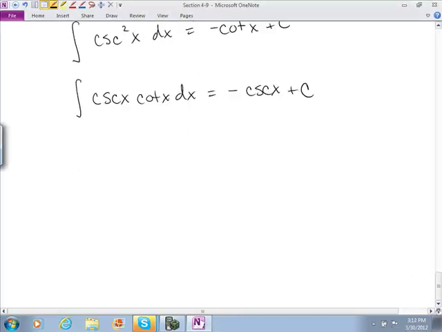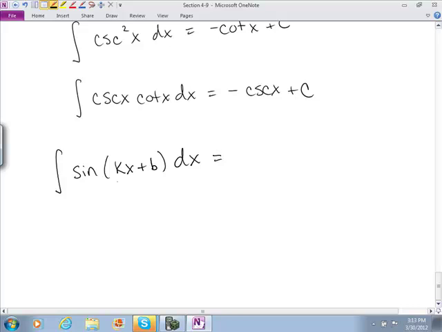Okay, now if we wanted to think about it a little bit more carefully, say we had the antiderivative of sine of a constant k times x plus b dx. What would the function that has that as its derivative look like? Well, you can probably convince yourself that you're going to have to do something with that k, because if you take the derivative, it would be cosine kx plus b times k.